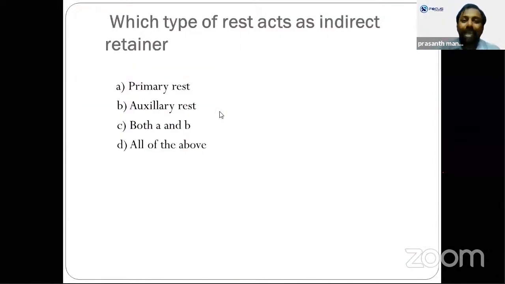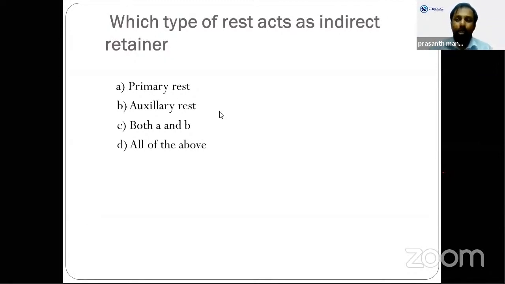Which type of rest acts as an indirect retainer? I have told you there is a primary rest, and there is a secondary or auxiliary rest. Indirect retainers are a different topic we'll be discussing.